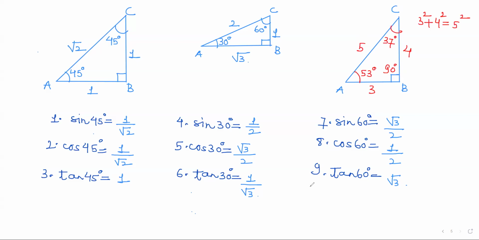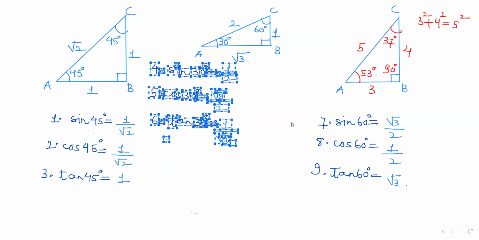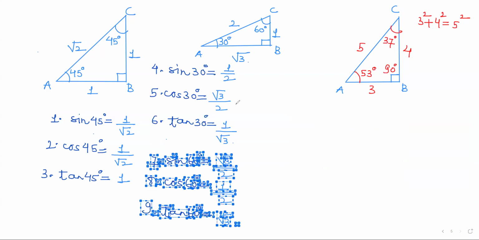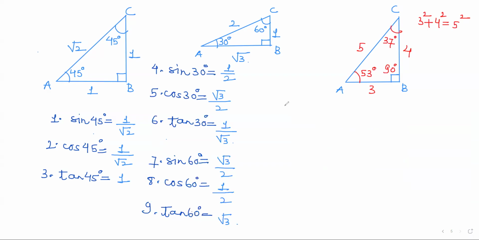Now, all of you find these values for me. Find sine, cos, and tan of 37 degrees.